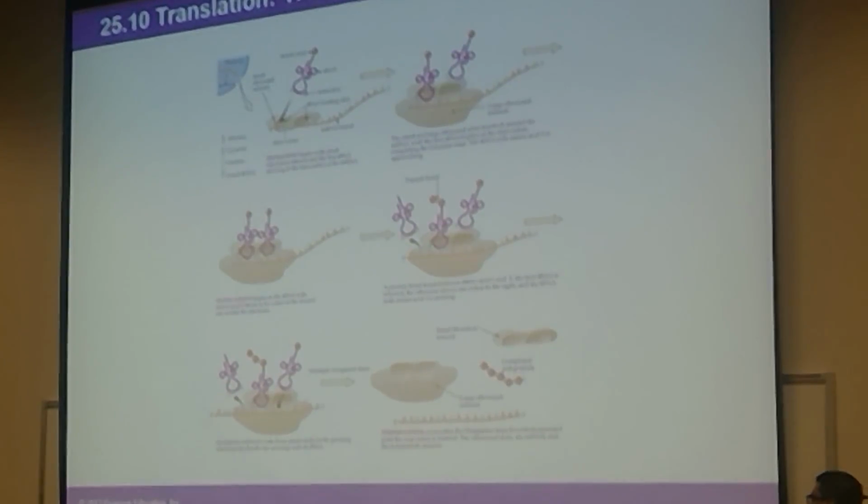As we learned before, protein synthesis takes place in the ribosome. So the ribosome has all the machinery that is required for protein synthesis. And the ribosome contains ribosomal RNA and some protein. 60% is ribosomal RNA and 40% is protein.